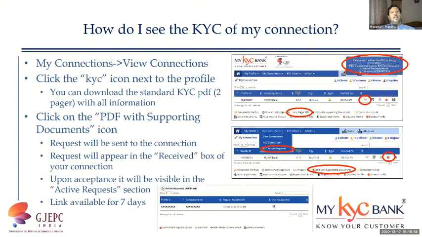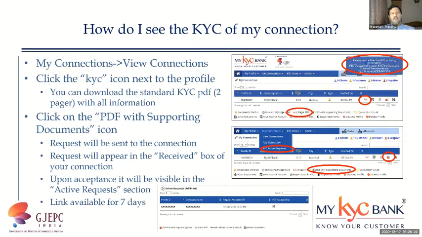If you want the full profile or the profile with supporting documents, again, right next to a couple of icons down the line, you can see another icon which looks like a PDF icon. It says PDF with supporting documents. So if you want that one, you click here. A request would be sent into the received box. If you remember, there was a sent box and received box.